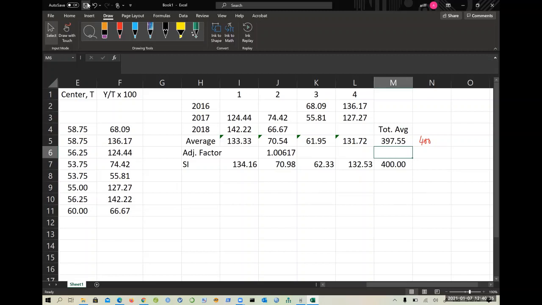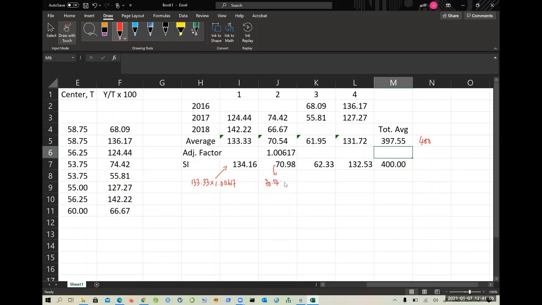Okay. So in this case, kalau you tengok dekat sini, to get this SI, how do you get this SI? You have to take 133.33 and then you multiply with 1.00617. Okay, similarly for this one, you take 70.54.